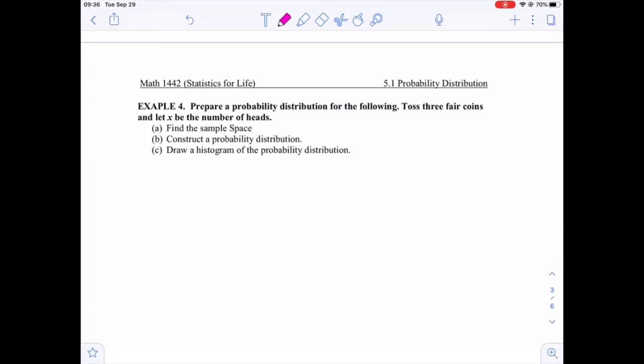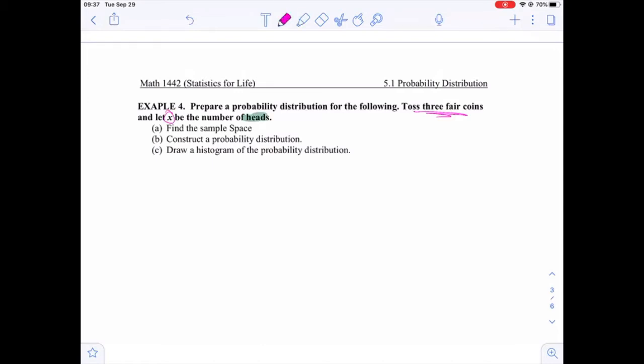Now problem 4, we are preparing a probability distribution for the following experiment. For this experiment, we toss 3 fair coins, and X represents the number of heads.